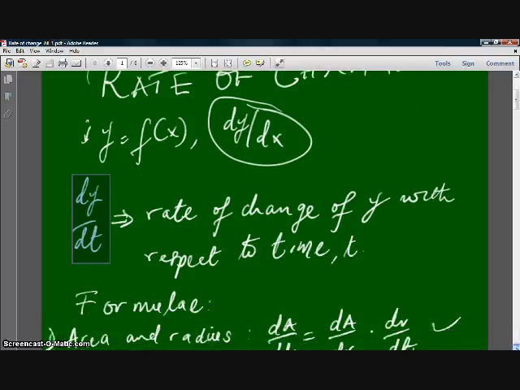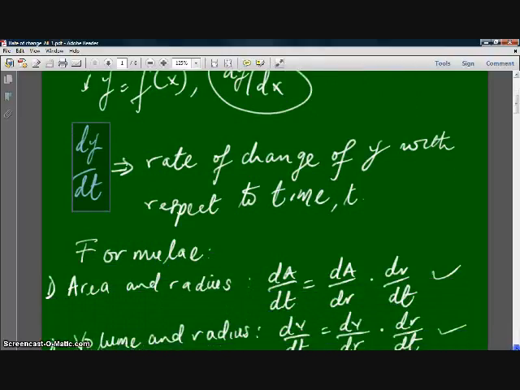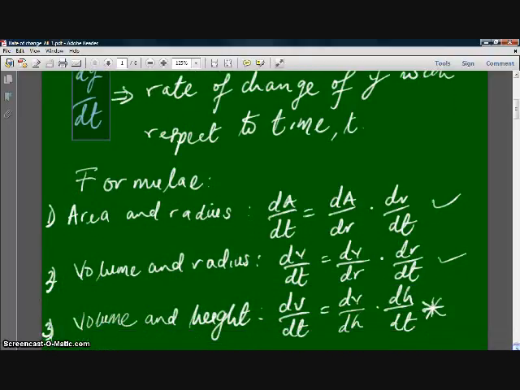So rate of change will involve the use of the following formulae. I just want you to take a good note of them. If you have a question that involves the rate of change of area with respect to its radius, this is the appropriate formula to use: dA dt is equal to dA dr times dr dt.